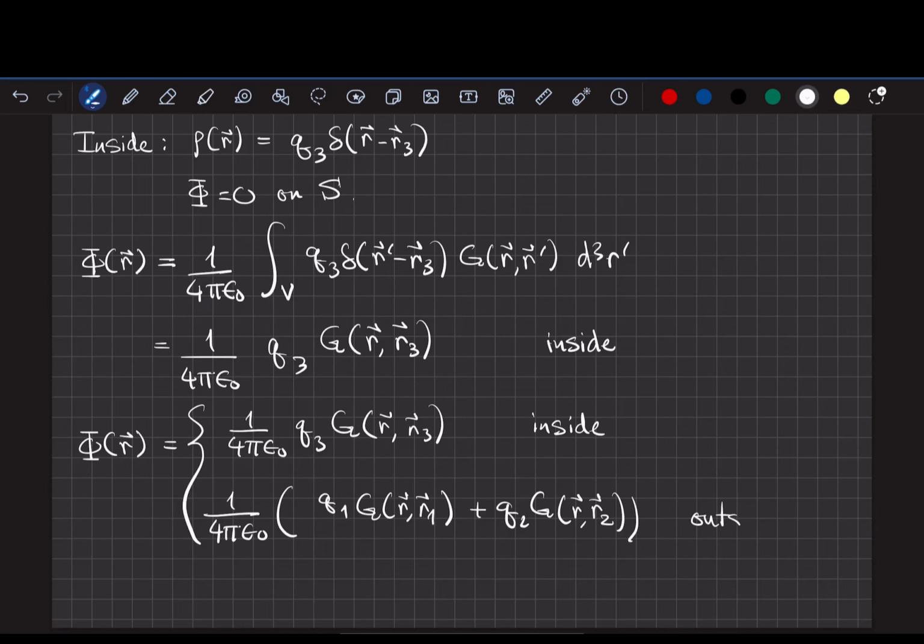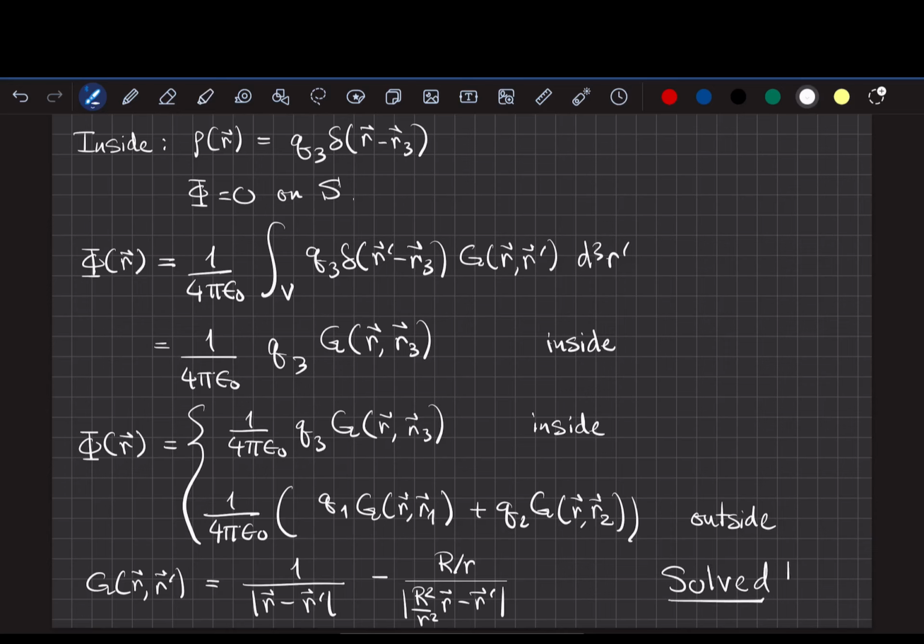This is outside. And our Green's function, which we have found out, is given by 1 by |r minus r prime| minus R by r prime times 1 by |r minus R squared by r prime squared times r prime|. So we have solved our problem.